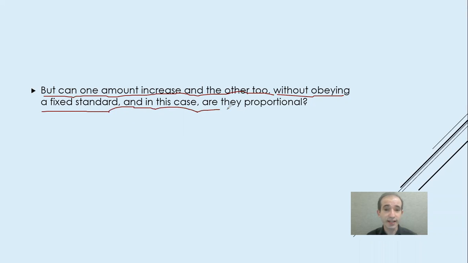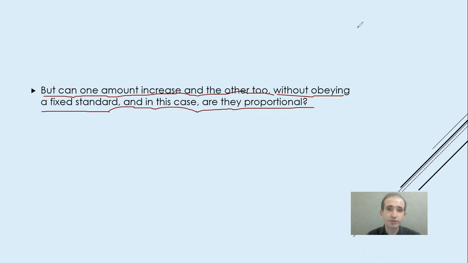And in this case, are they proportional? What do you think about it? Is it possible that one amount increases and another one increases also, and are they proportional, or one increases and another one decreases? Are they proportional? What can we conclude in this case?